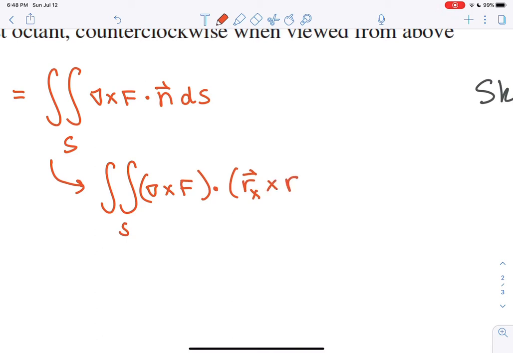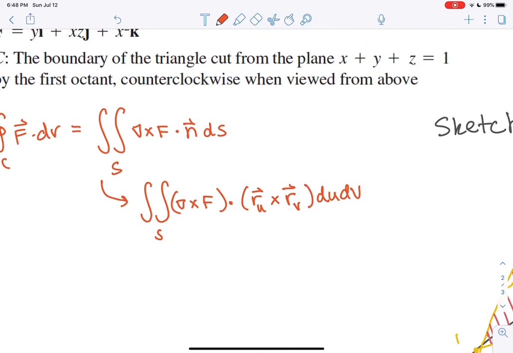I guess we haven't picked our parameters yet, so I'll just use u's and v's for generic ones. Then we have du dv. That's straight from the last section on evaluating surface integrals. That's the usable version in terms of our parameters.